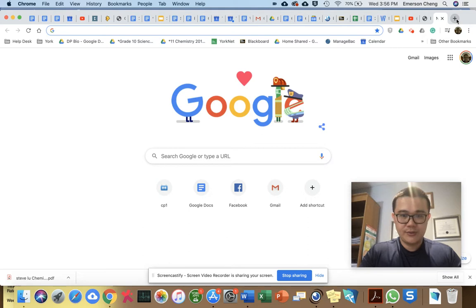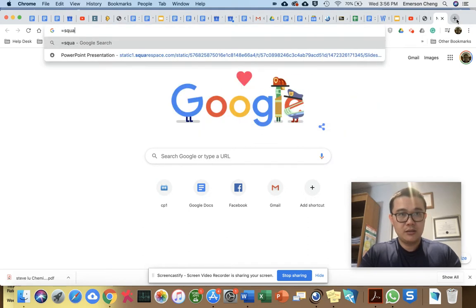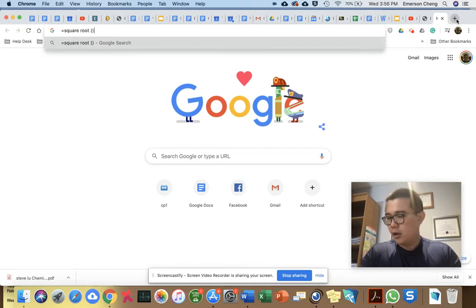So how will I do this? Square root of bracket 1.4 times 2 divided by 1.67.